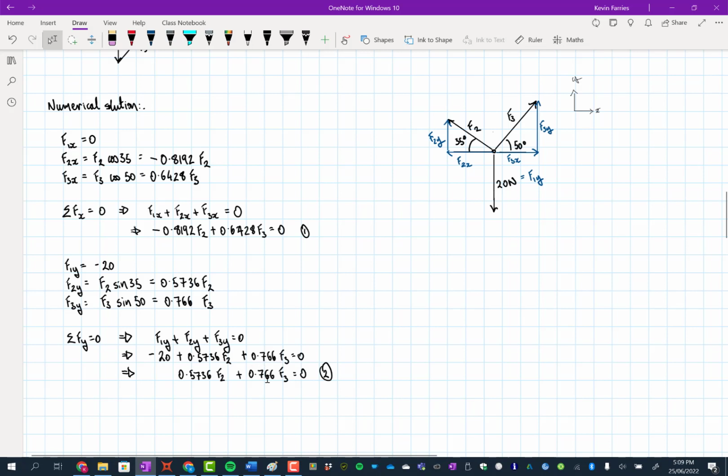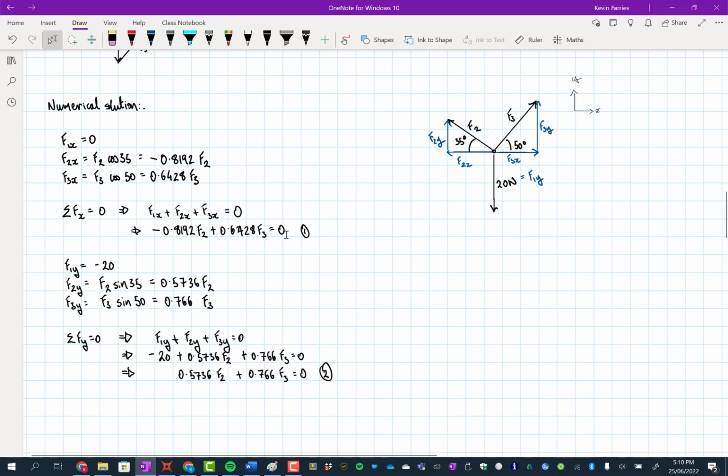So now we've got a second equation that involves F2 and F3. So we've got 2 equations, F2 and F3, and therefore we can find out what these values are using simultaneous equations. The other thing I did was I just noticed that firstly this 20 was negative, so I made sure that's negative. But the other thing was that F2x was also negative, and so I corrected that. So this is negative, that value, so it's negative down here.